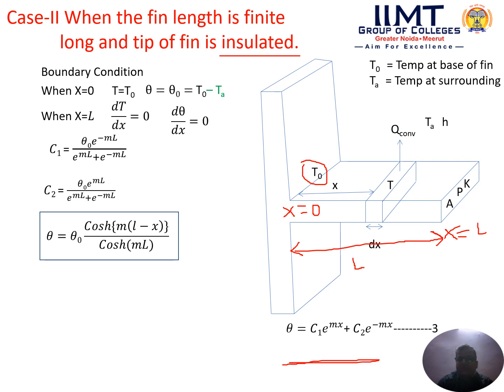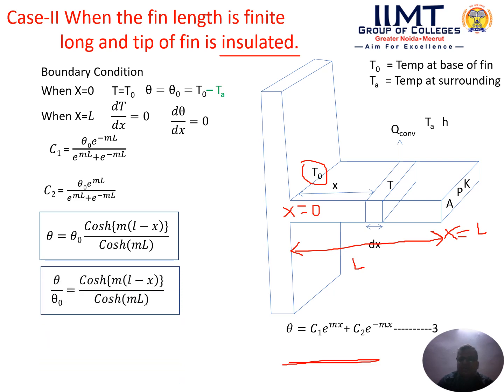That is, theta by theta naught is equal to cosh m (L minus x) divided by cosh mL.